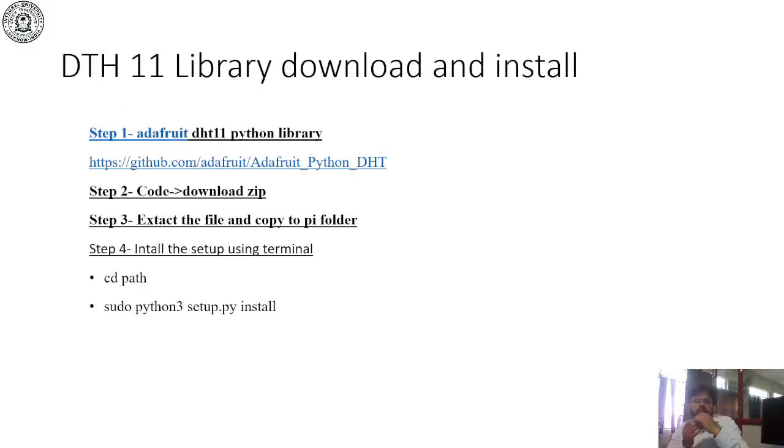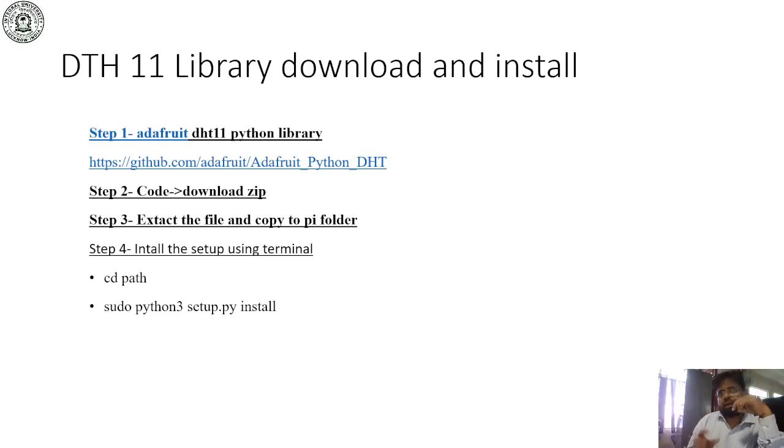Before going to the program module, we have to download and install a new library in our Python. We need another library named Adafruit_Python_DHT, that is the digital humidity and temperature sensor library.